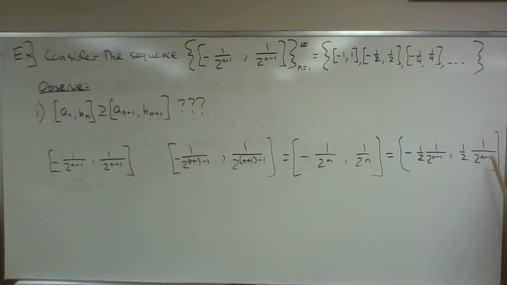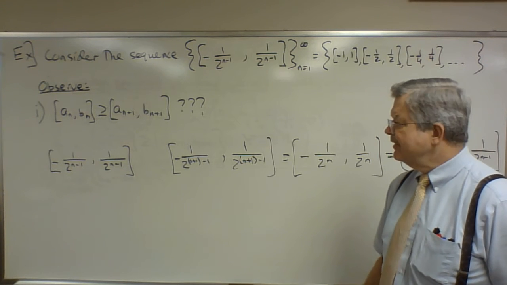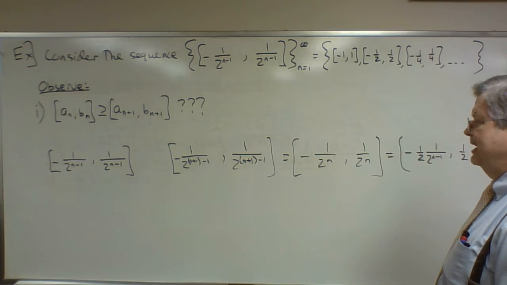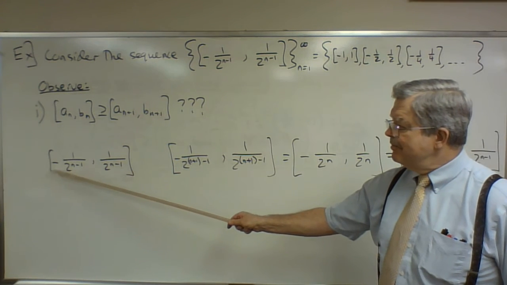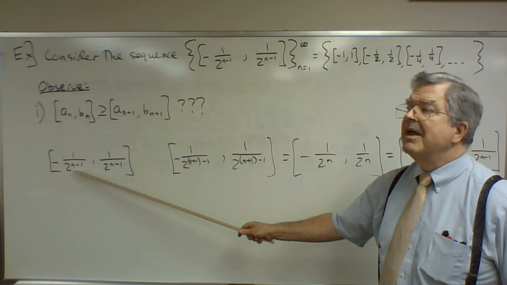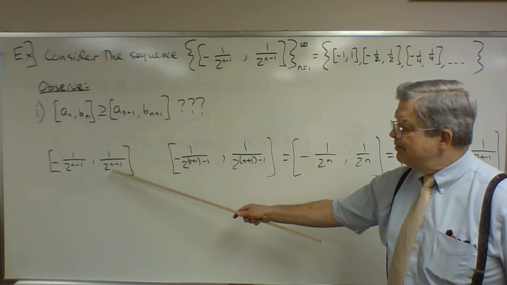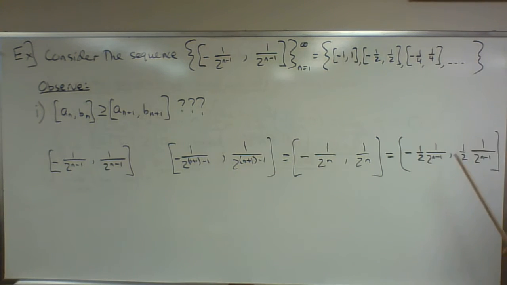And it's also true the right endpoint of the n plus first interval is 1/2 the magnitude of the right endpoint of the nth interval, which essentially means that since the left endpoints are negative, the left endpoint of the nth interval is less than the left endpoint of the n plus first interval. The right endpoint of the nth interval is greater than the right endpoint of the n plus first interval.